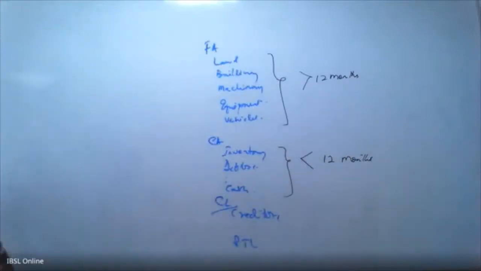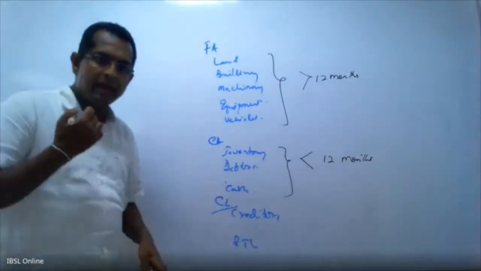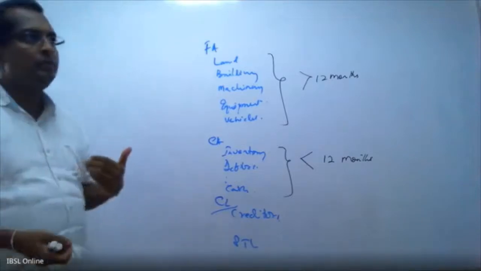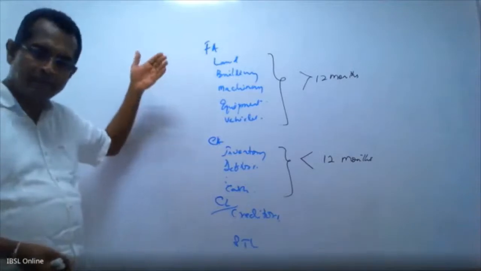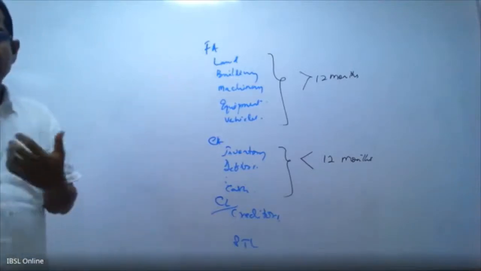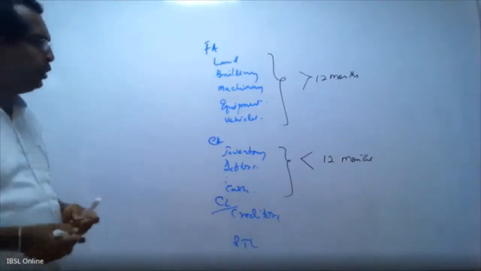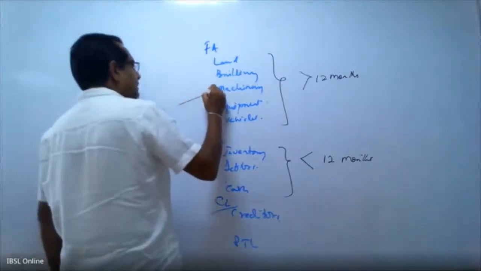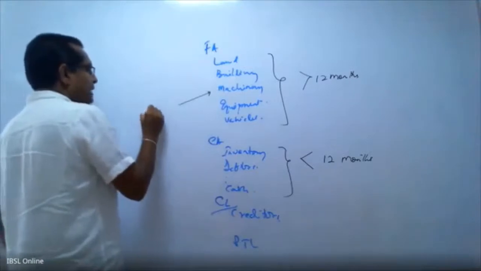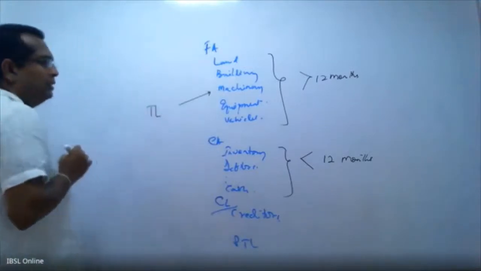So when we are financing, always as a banker, we should match the lifespan of a business asset with the funding arrangement. So always these assets are financed by term loans.